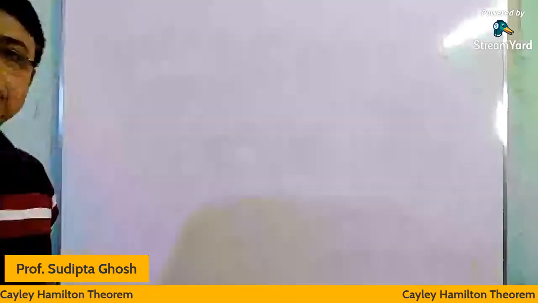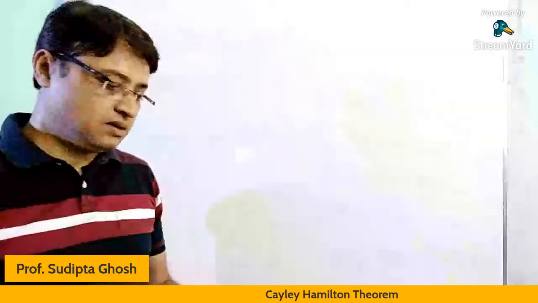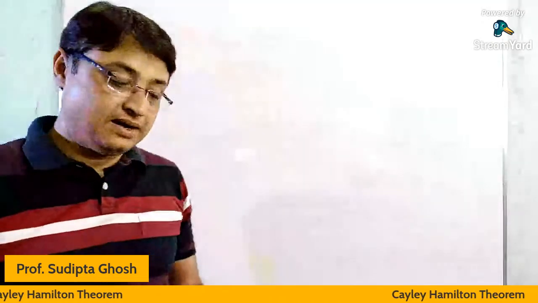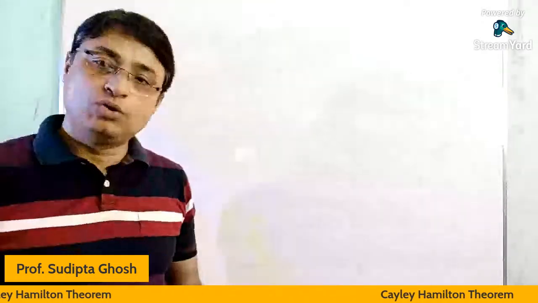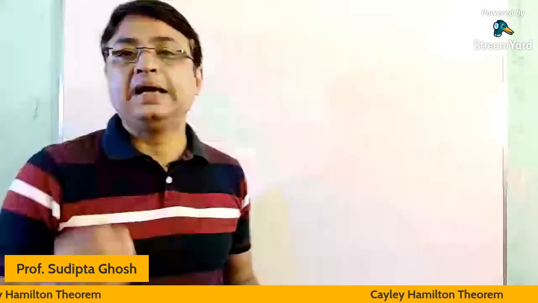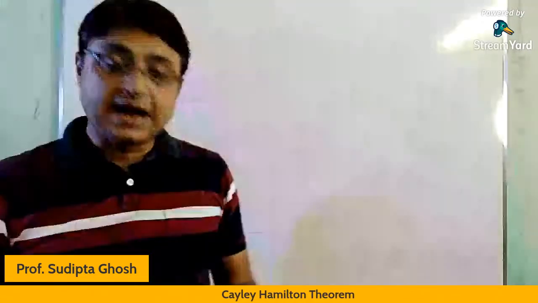If A be any n-rowed matrix and I be an n-rowed unit matrix, then the matrix polynomial A minus xI of the first degree is said to be the characteristic matrix of A. And here comes the characteristic equation.